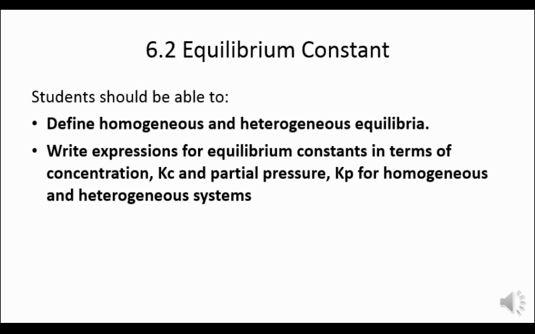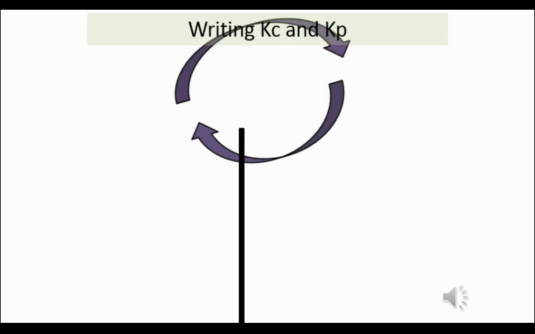Hello students, now we go to the second part of 6.2, equilibrium constant. At the end of the lesson, students should be able to write expressions for equilibrium constants in terms of concentration, Kc, and partial pressure, Kp, for homogeneous and heterogeneous systems.